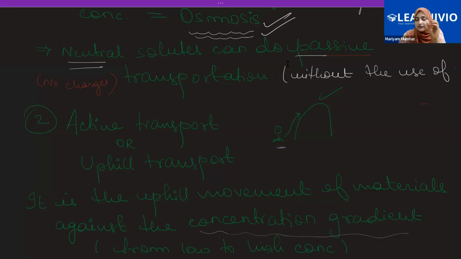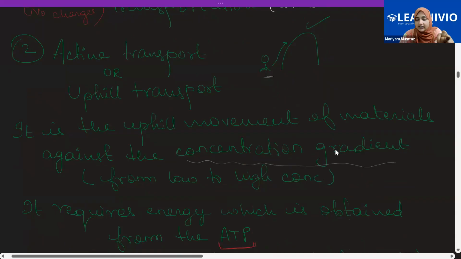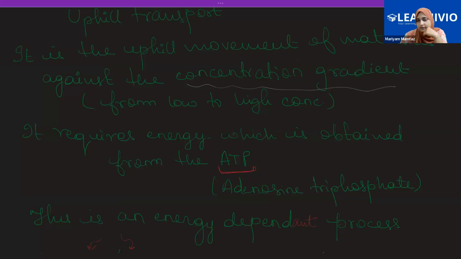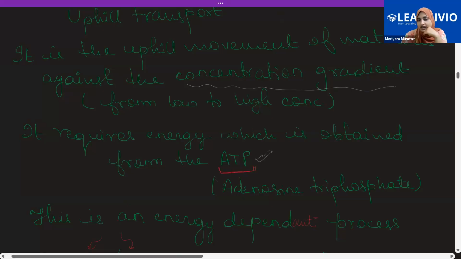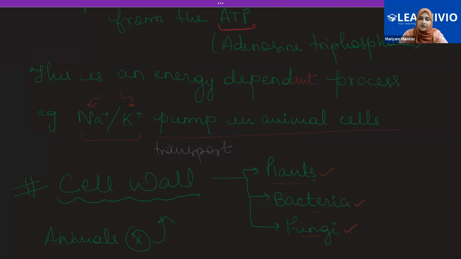So it is the movement of materials against the concentration gradient, meaning from low to high concentration. It requires energy in the form of ATP, that is adenosine triphosphate. It is an energy dependent process, and most of the charged molecules and bigger sized molecules are transported via active transport with the usage of energy.